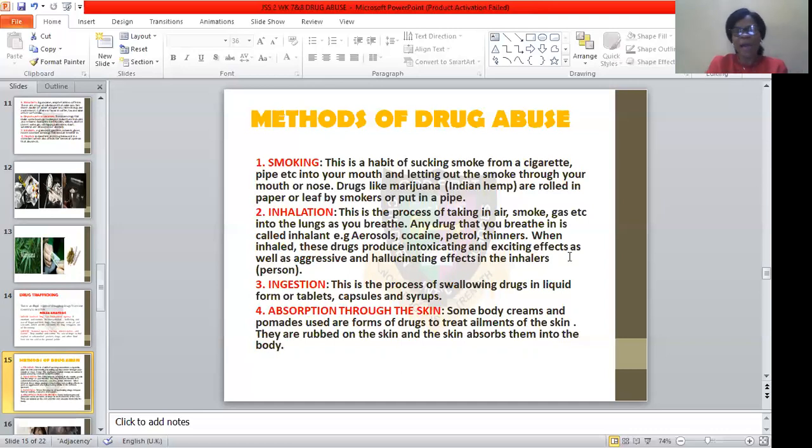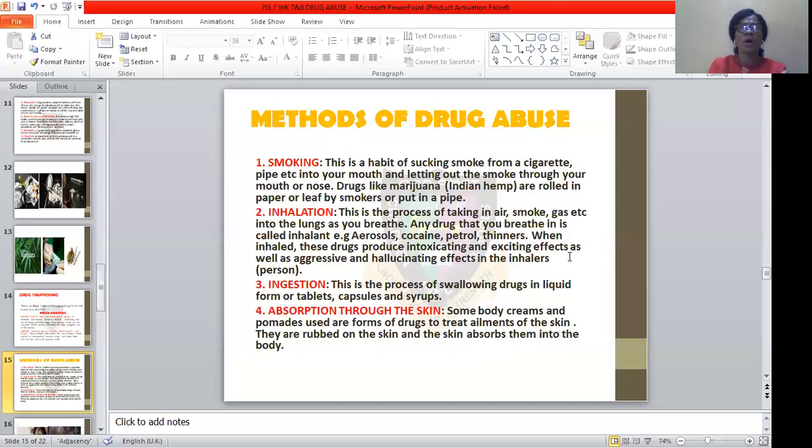If you inhale this type of drug, you feel aggressive, you'll be excited. It always has a negative effect on your body system, even the outward appearance.